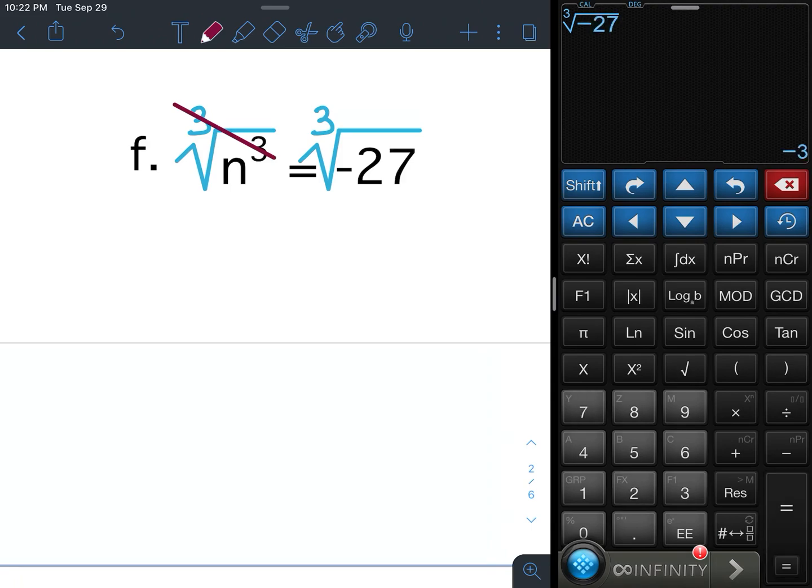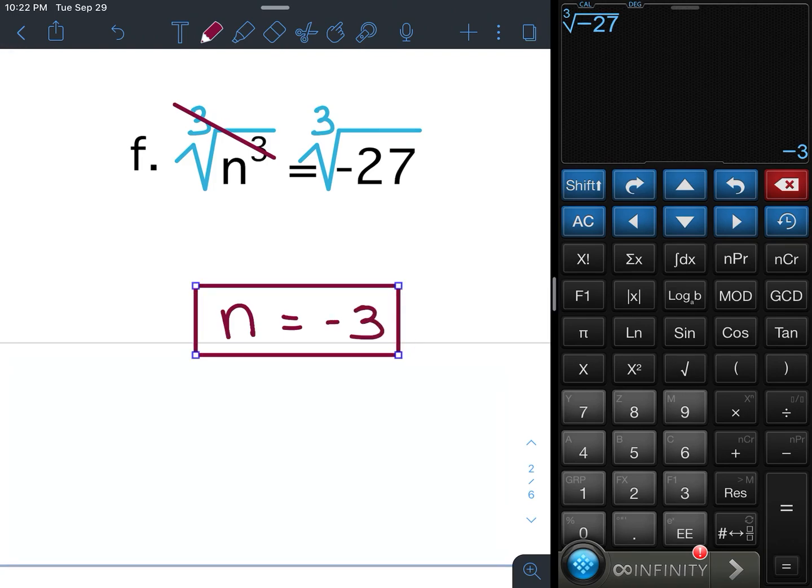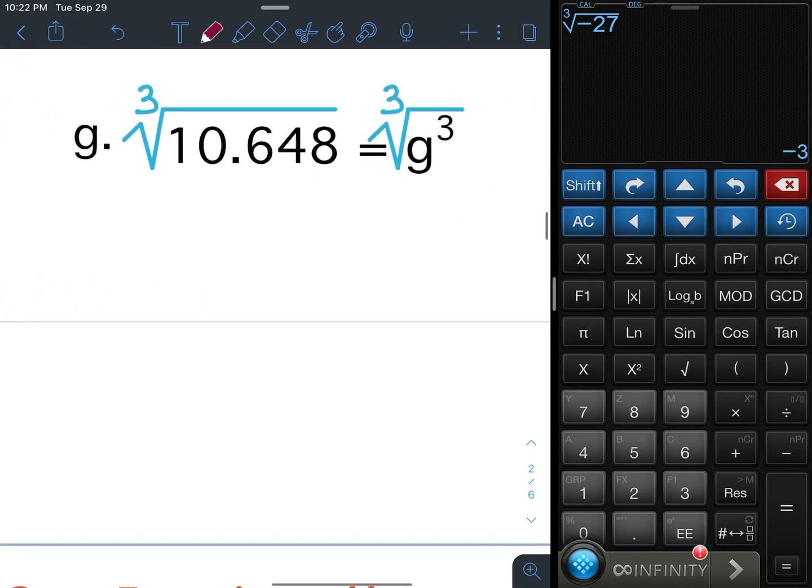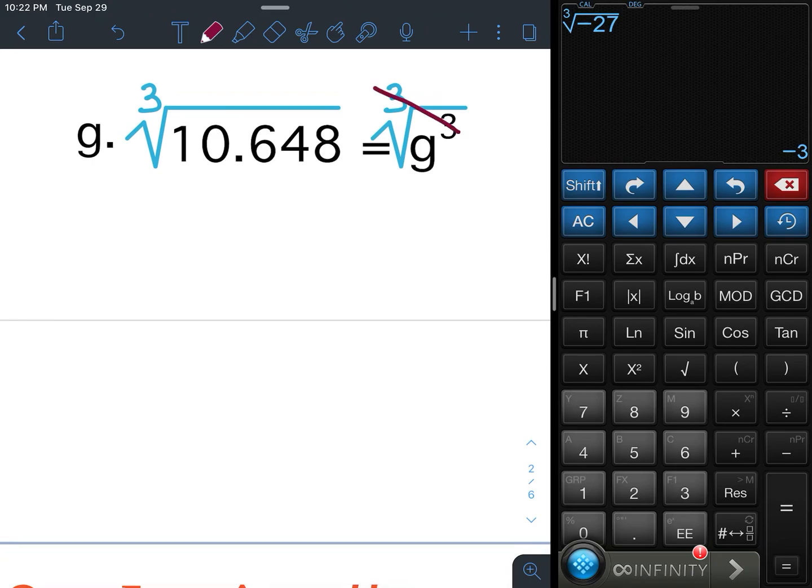I get negative 3. So n equals negative 3. For G, once again, the cube and the cube root cancel out. I'm going to take the cube root of 10.648. I get 2.2. So 2.2 equals g.